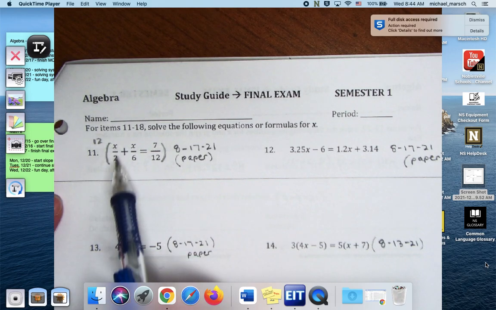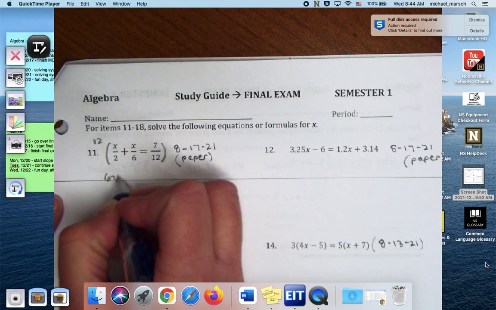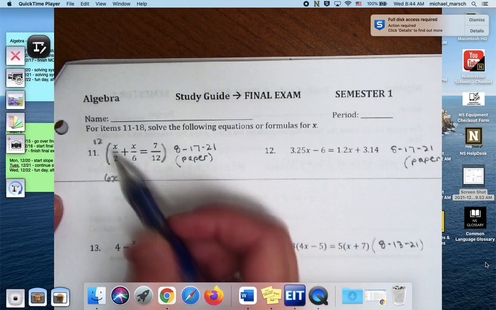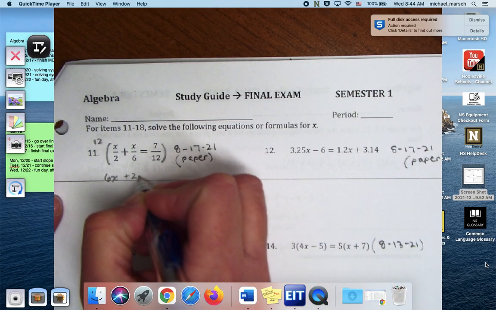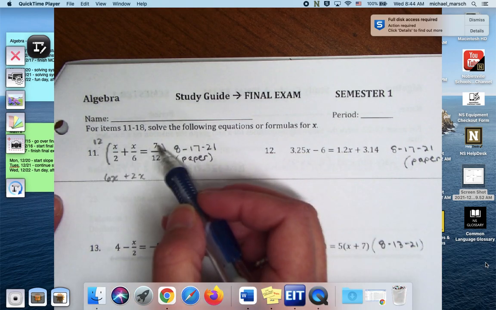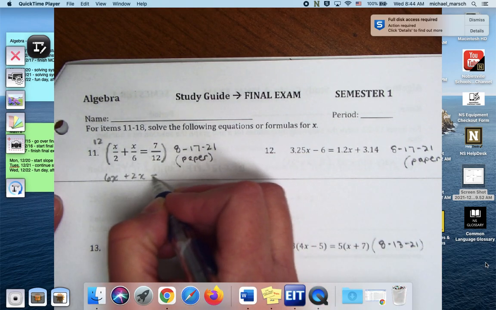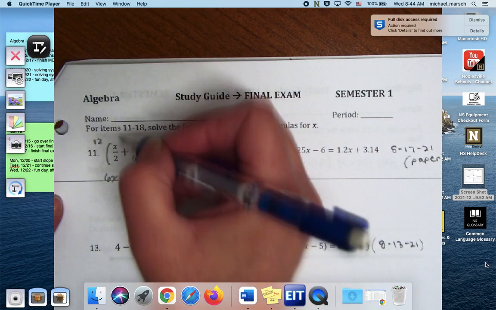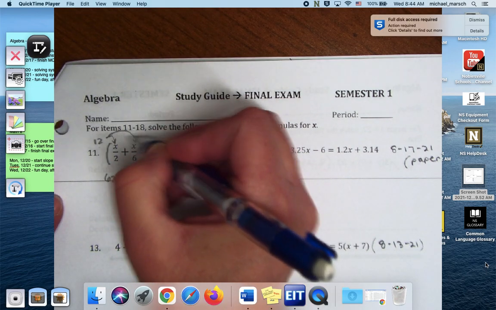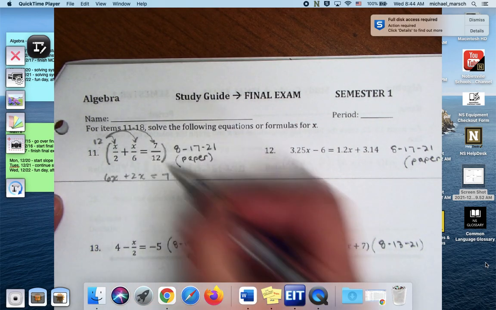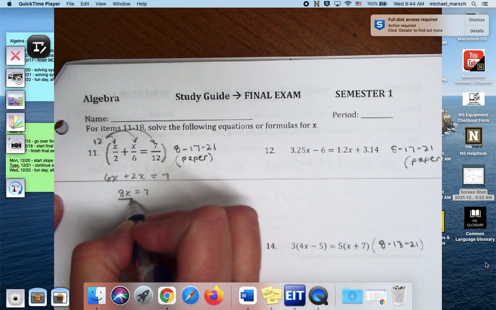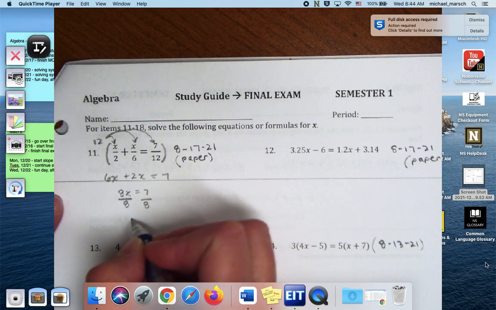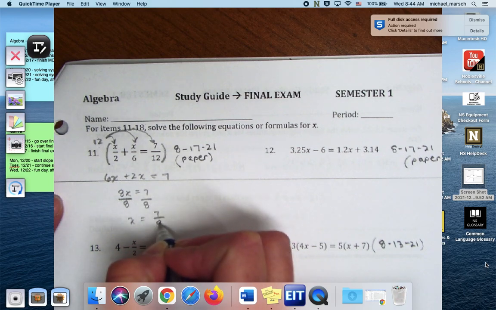So 12 times x divided by 2 is going to give me 6x. 12 times x divided by 6 is going to give me 2x. 12 times 7 divided by 12 is going to give me 7. So I literally just distribute to the numerators, divide by the denominators. So now I get 8x equals 7, divide by 8, x equals 7/8.